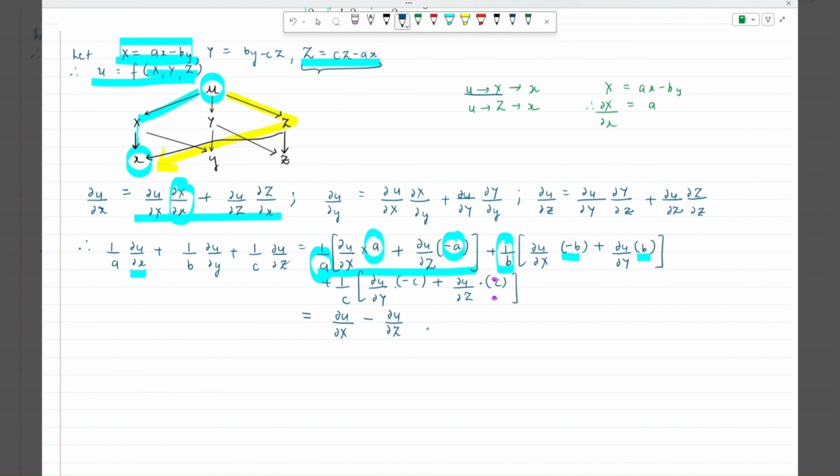So we will be having minus del u by del x, and then followed by plus del u by del capital Y. And likewise from the last term we will be having negative del u by del capital Y plus del u over del capital Z. And we have cancellations happening here, so del u by del x goes away with this, then del u over del capital Z goes away with this, and lastly del u over del capital Y goes away. So we are left out with eventually 0, and that concludes with the proof.